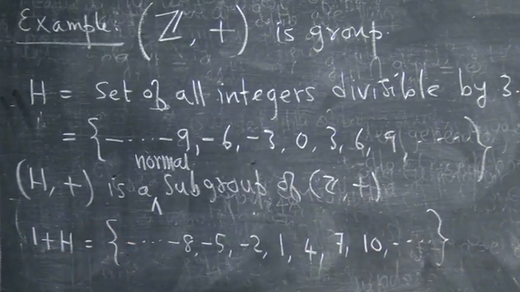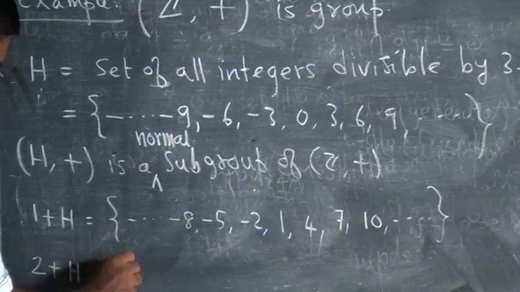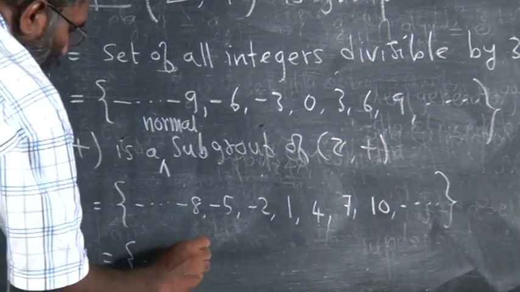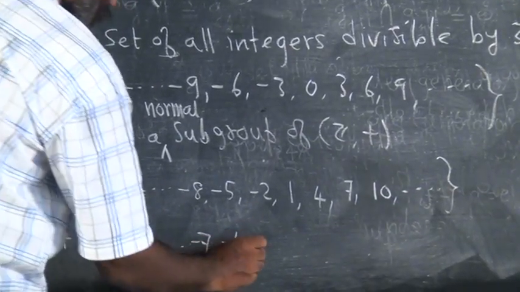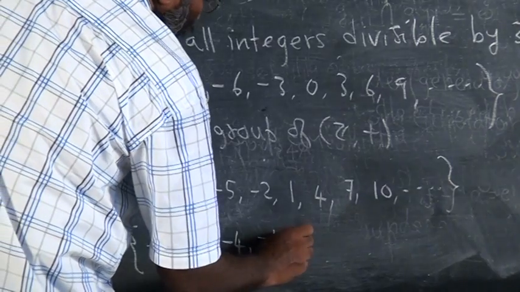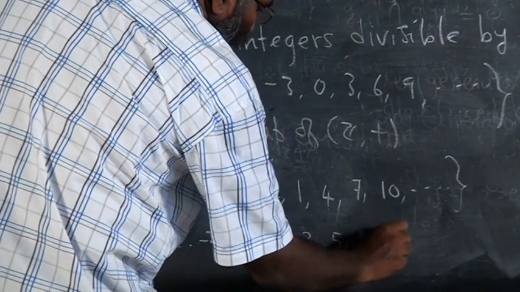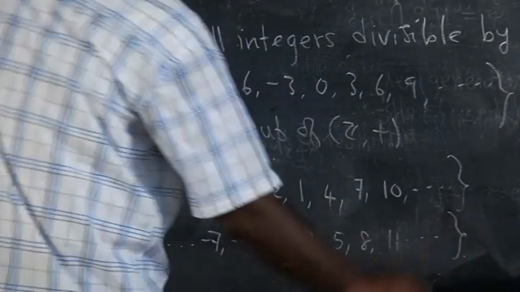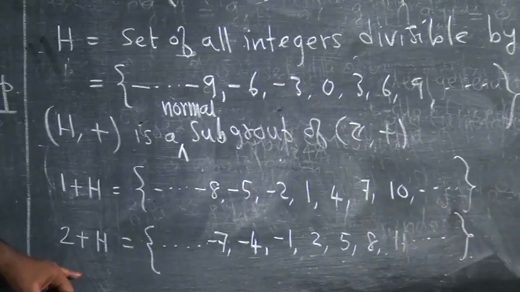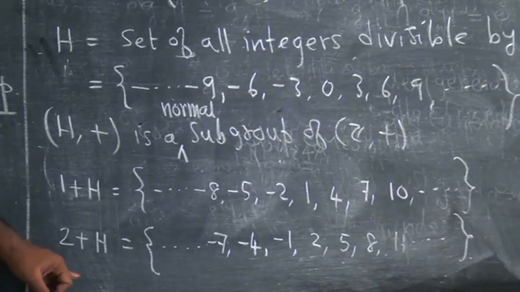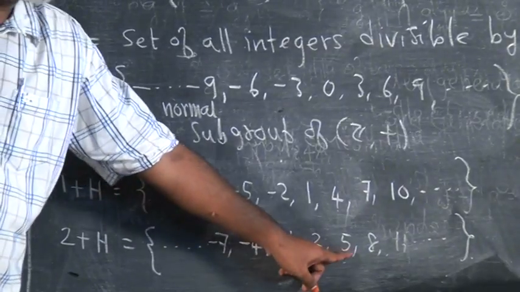Okay. Now let me take 2 plus H. This will be minus 7, minus 4, minus 1, 2, 5, 8, 11 and so on. What will be 3 plus H? 3 plus H will make this minus 6, minus 3, 0, 3, 6.